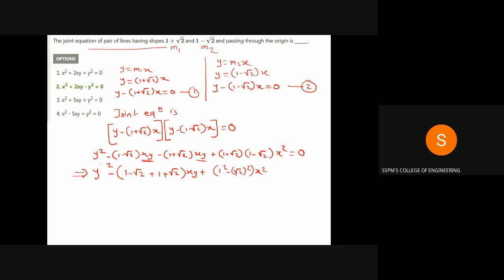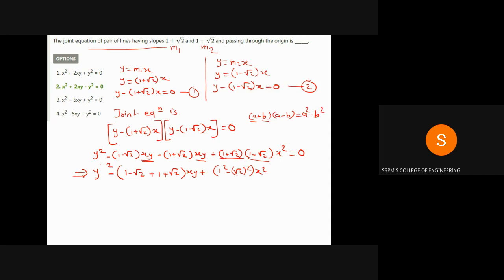See here, in this bracket it is 1 plus root 2 and in this bracket 1 minus root 2, so it is in the form a plus b, a minus b, which is equal to a square minus b square, that is square of first term minus square of second term.